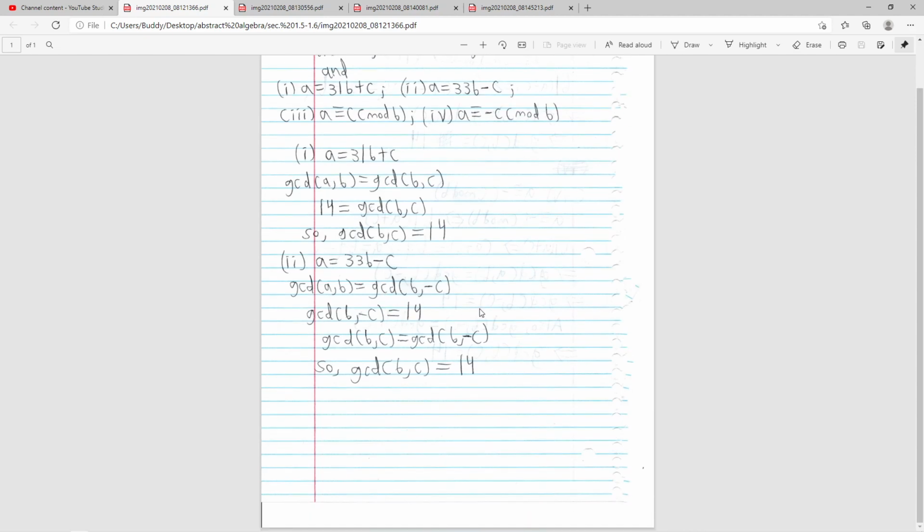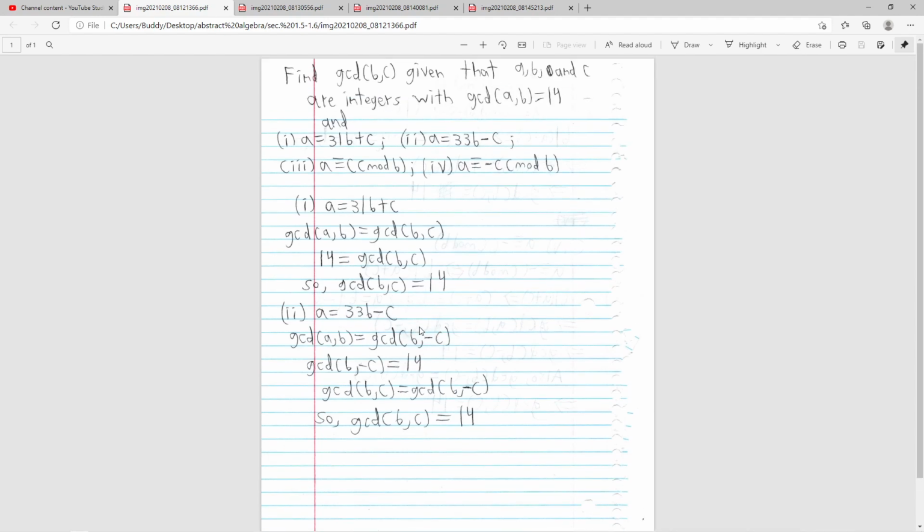The second one is the same, but with one extra step. A is equal to 33B minus C. So it'd be equal to GCD of B and negative C in this case. But one of the properties of the greatest common divisor is that the GCD of a number and its negative are the same.